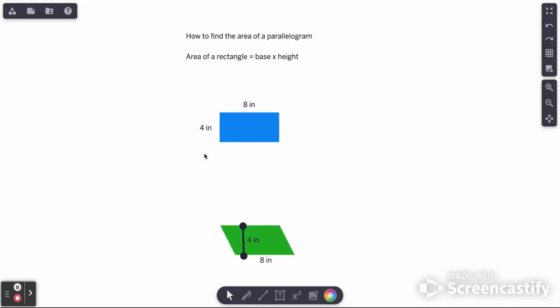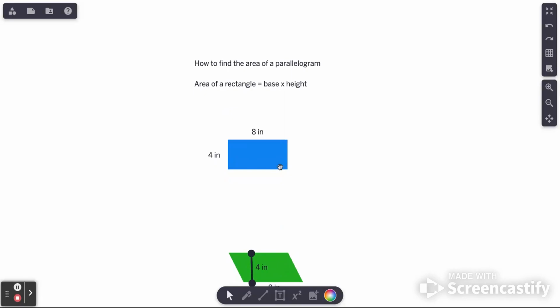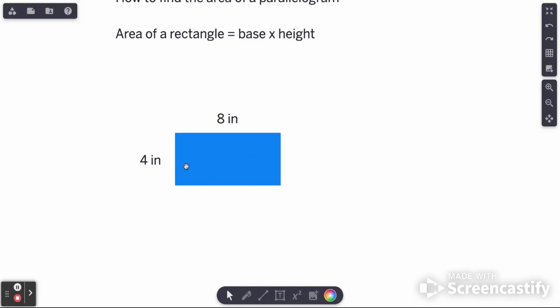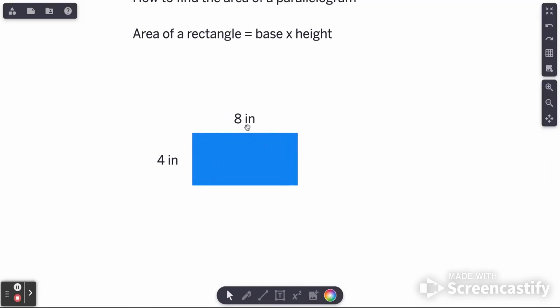And we know that when we are looking at our rectangle and we want to find the area, it is the amount inside of our shape. So if I want to find the area of my rectangle, I can look at the height and the width of my rectangle to determine what the area would be.